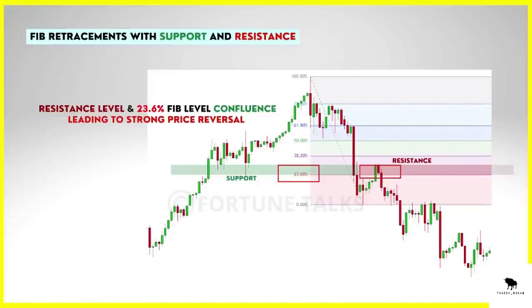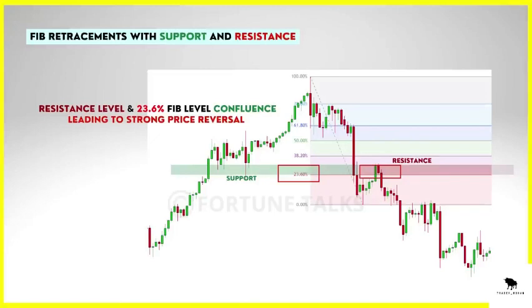One of the best ways to use it is to spot potential supports and resistance levels and see if they line up with Fibonacci retracement levels. If Fibonacci levels are already support and resistance levels and you combine them with other price areas that a lot of other traders are watching, then the chances of the price bouncing from those areas are much higher.